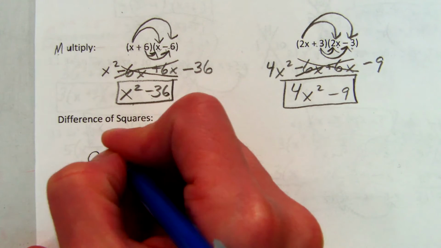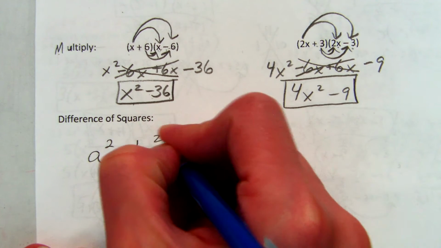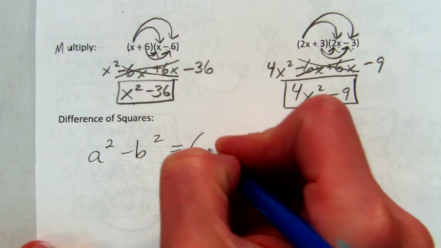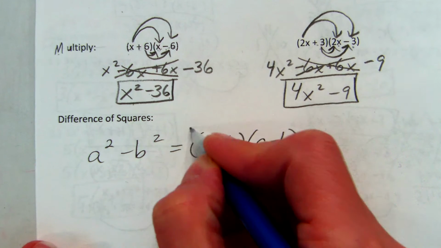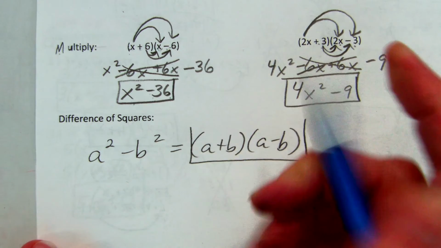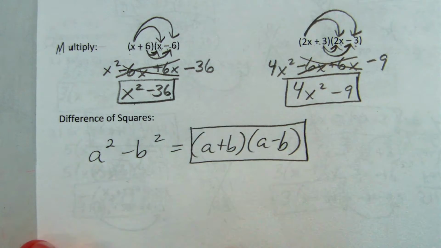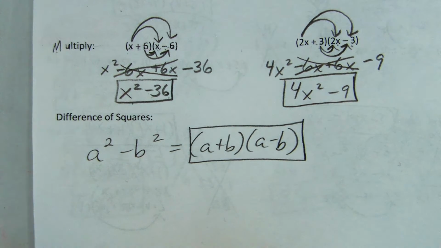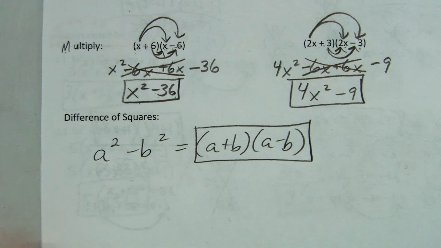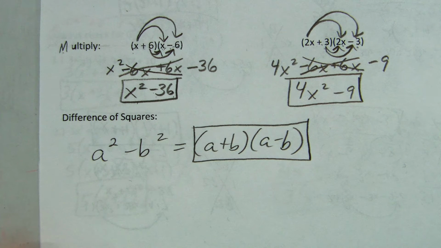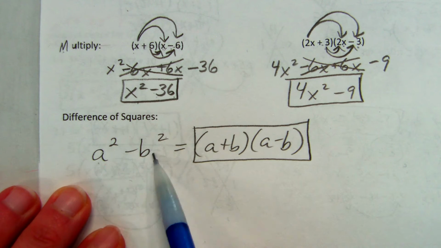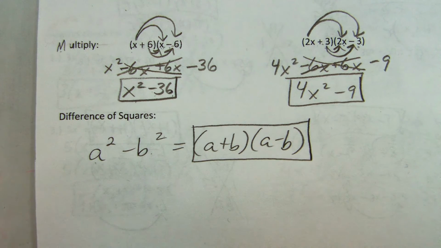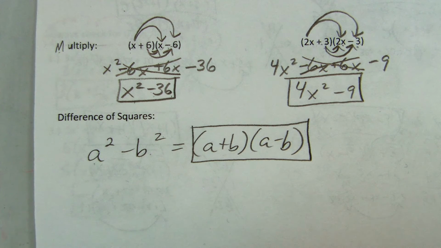If I have a squared minus b squared, you can factor it into a plus b and a minus b. I don't know why I'm boxing that. It's not exactly an answer, but we'll just go with it. And so what we're going to do on all of these today, they're going to be special cases where that middle term is missing. And we're going to write it as something squared minus something squared, difference of squares, and use this little shortcut that we just discovered.